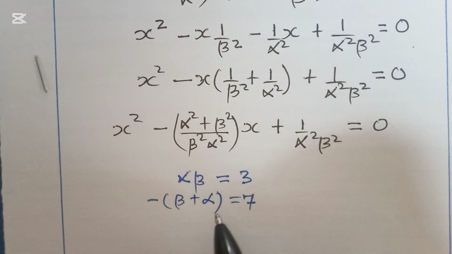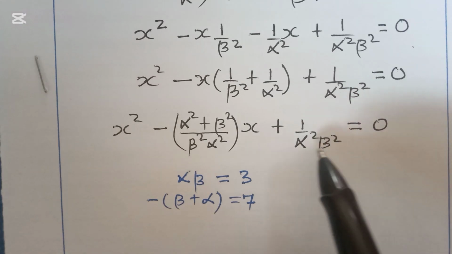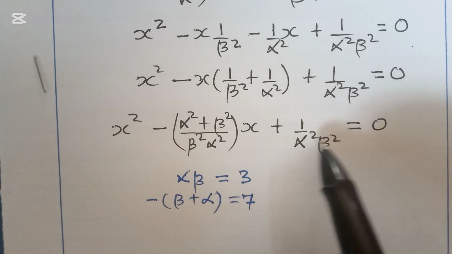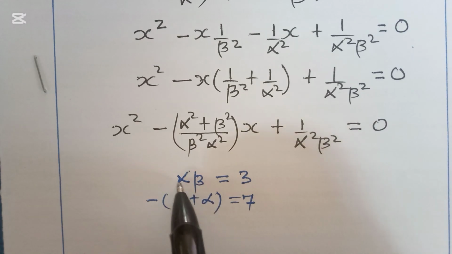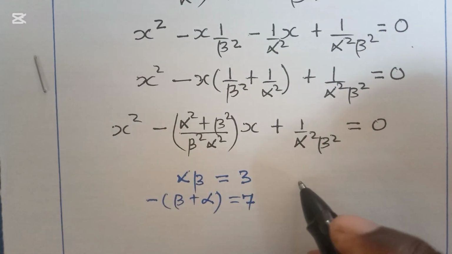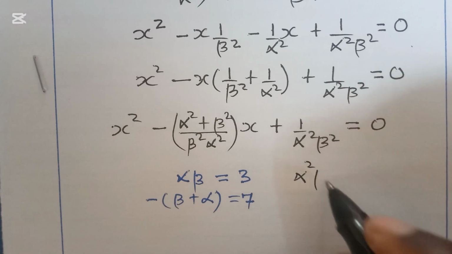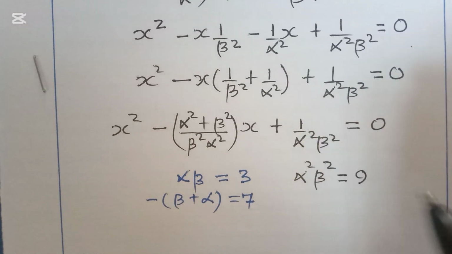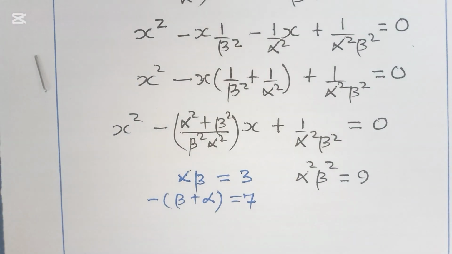Now checking this and this, here we have alpha squared and beta squared, 1 over alpha squared and beta squared. So we need to square that one for us to be able to get that. So alpha squared beta squared should give us 9, because this is 3 times 3.